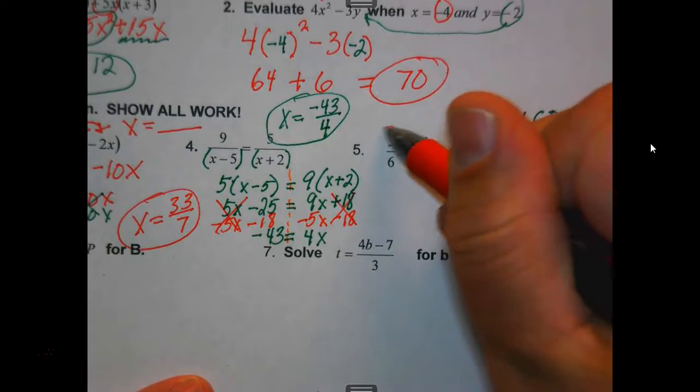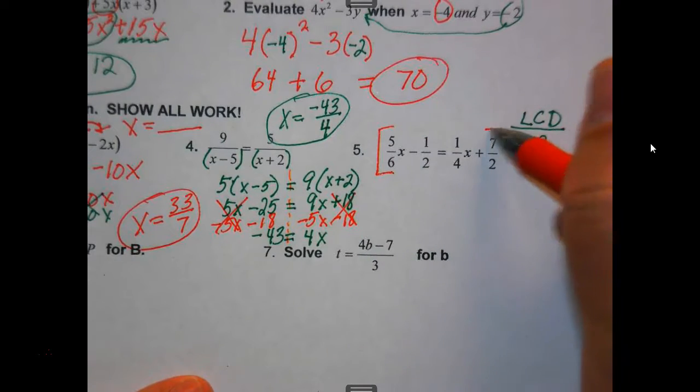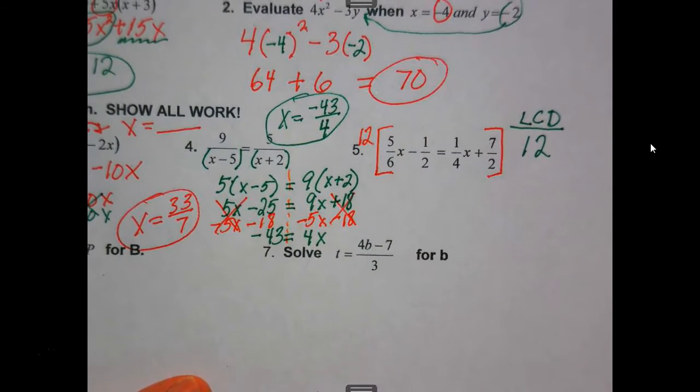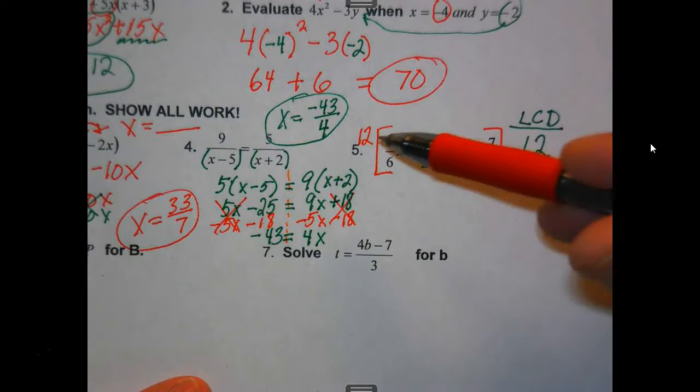I am going to multiply this entire equation by 12. Multiplying 12 times 5, 6.